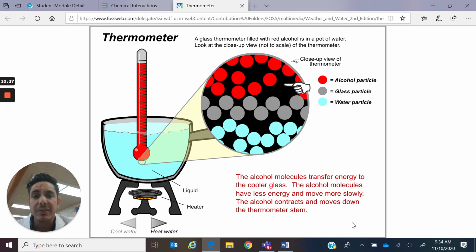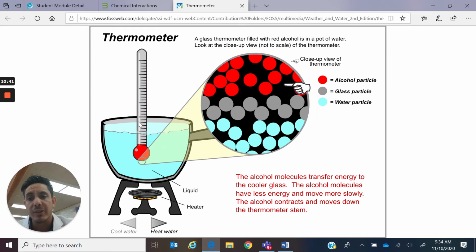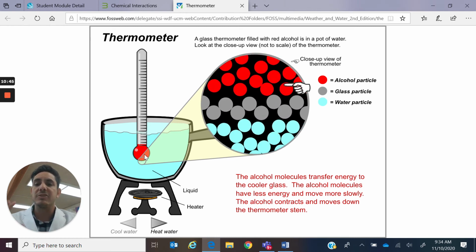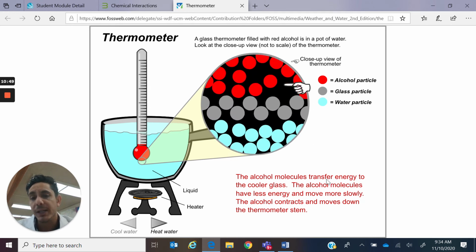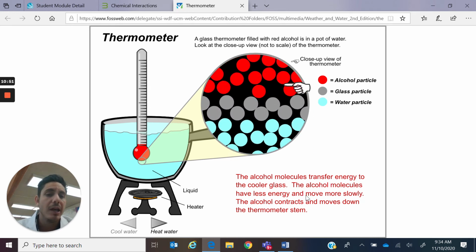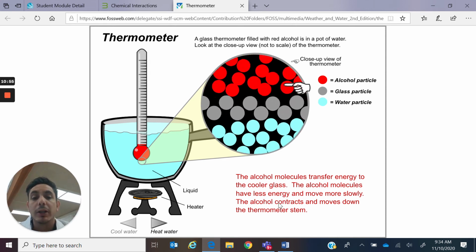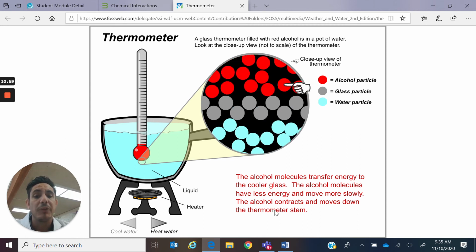And last, because the glass is moving slower, the alcohol cools down and it moves back down the stem because it is contracting once again. So the alcohol molecules transfer energy to the cooler glass. The alcohol molecules have less energy and move more slowly. The alcohol contracts, our vocabulary term from last week, and moves down the thermometer stem.